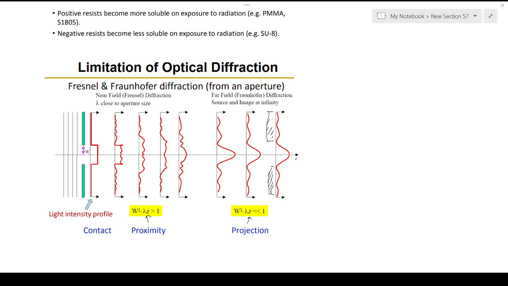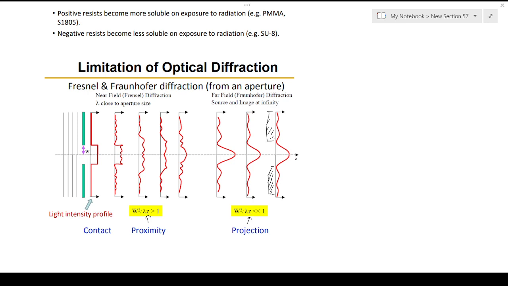Okay, so there will be two types: contact and proximity photolithographic technique. In the contact case, the mask will be kept in contact with the photoresist material. In the other case, it will be kept at a bit larger distance.